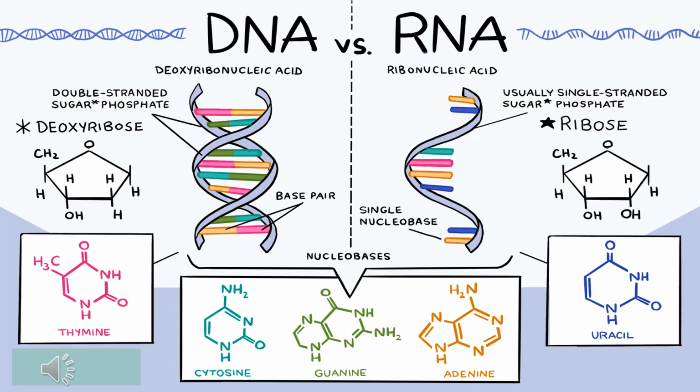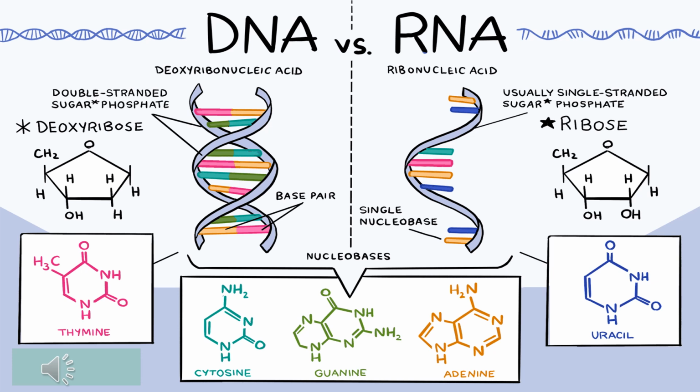Now let's discuss the differences between DNA and RNA. As we have discussed, there are different types of bases that make the nucleotides different from one another. These bases are thymine, cytosine, guanine, adenine, and uracil. In case of DNA, four bases are present: thymine, cytosine, guanine, and adenine. These four bases are specific to DNA.